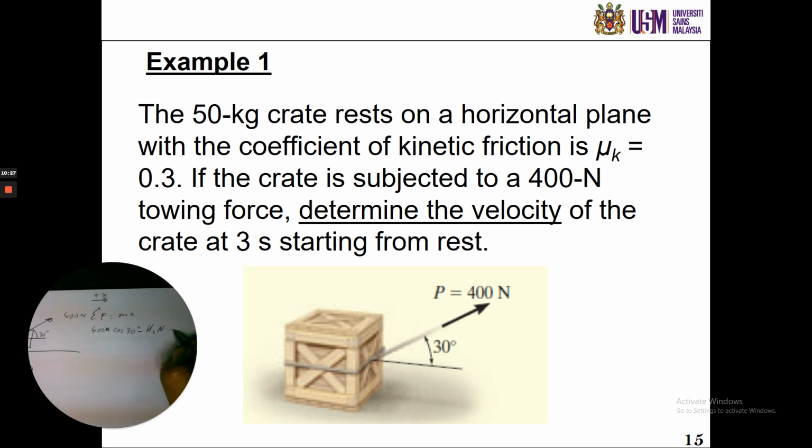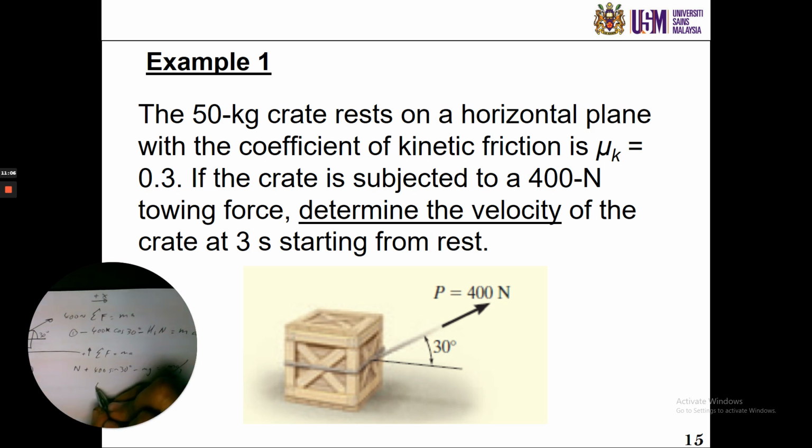The sum of forces in the x direction equals MA. Let's call this the first equation. The second equation is F equals MA in the y direction. So in the y direction we have N plus 400 sine 30, minus mg equals MA. However, there is no movement in the y direction, so MA_y equals 0.